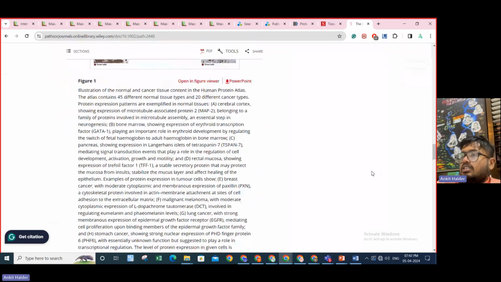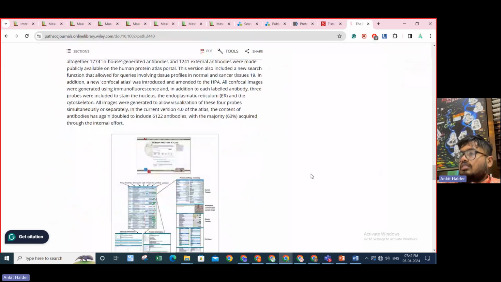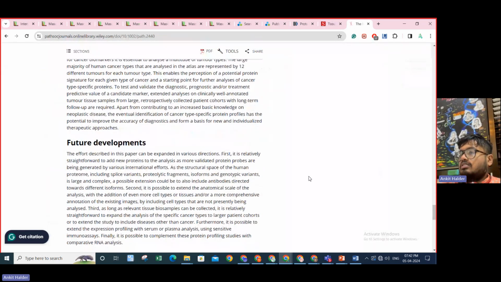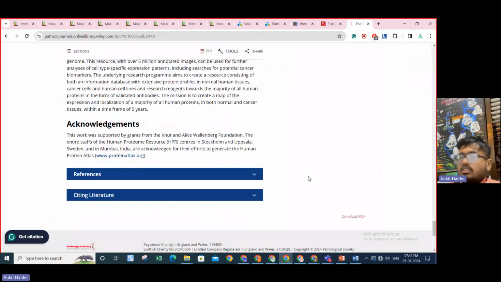Protein profiling, Human Protein Atlas portal, biomarkers, and those proteins.